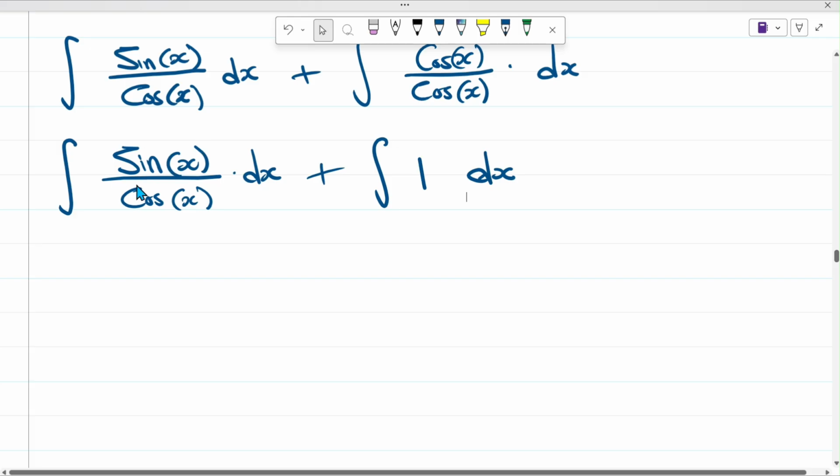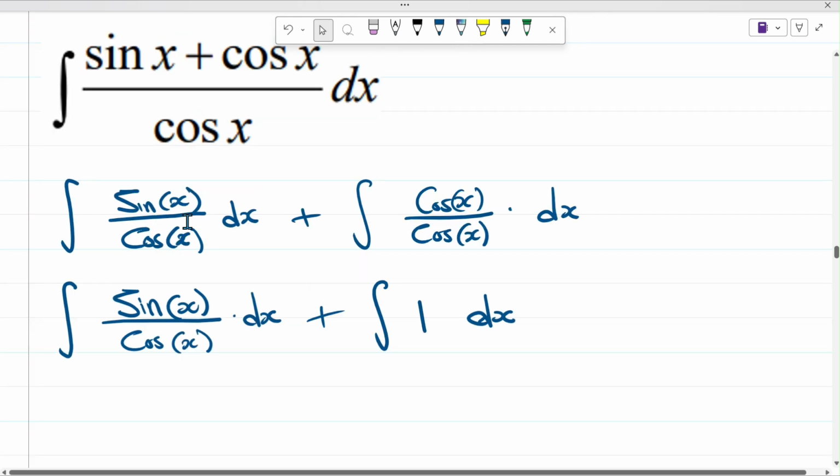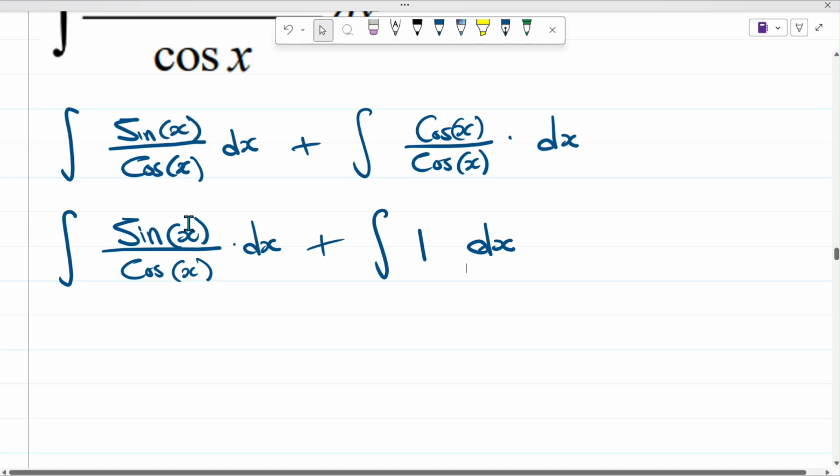So this one, we come to it. If here we let our cos of x be our f prime of x, our f of x, I mean, can this be f prime of x?